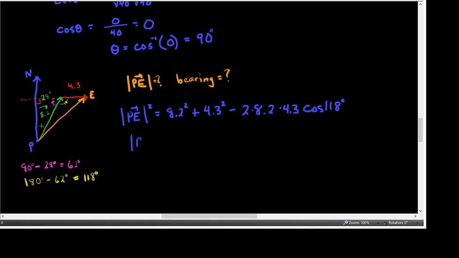And if you take the square root of that mess on the right side, you end up with a magnitude of about 10.9. And then don't forget to use units. That's 10.9 miles from port.